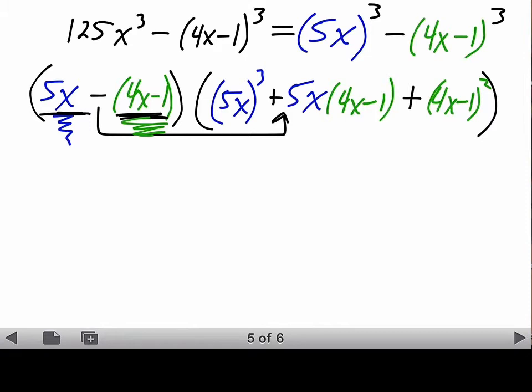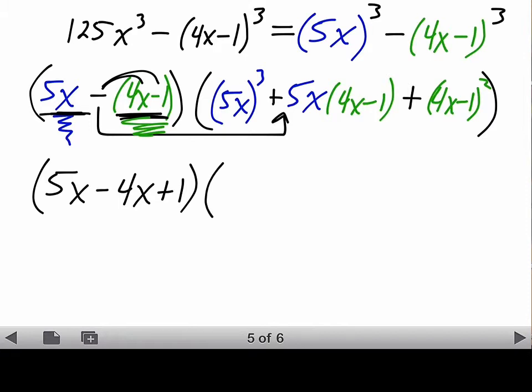Now we can see that we have some cleaning up to do, simplifying inside the second set of parentheses. First I'll rewrite the first set, 5x minus 4x plus 1, distributing that negative. And in the second set of parentheses, well, I just noticed I made a mistake. Hopefully you caught it. In that bigger set of parentheses I wrote 5x cubed, and that should be a 5x squared.